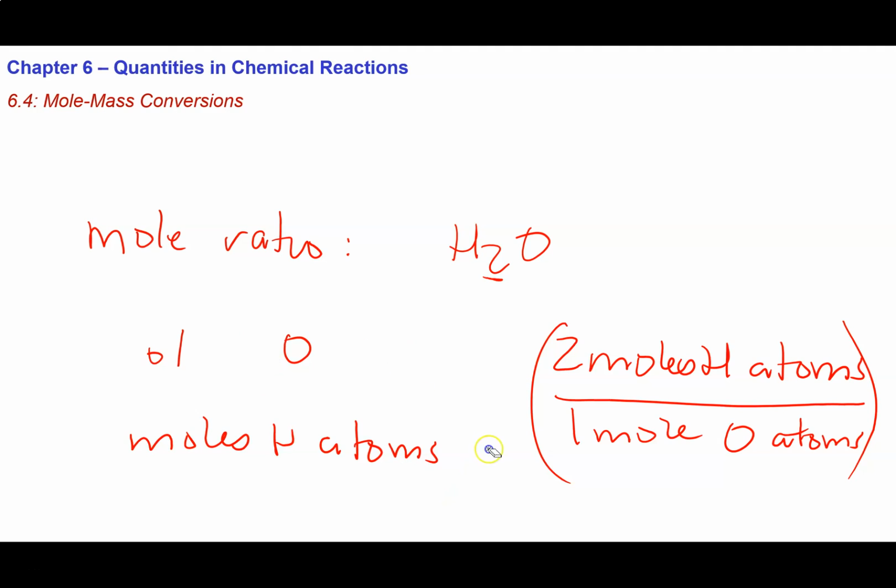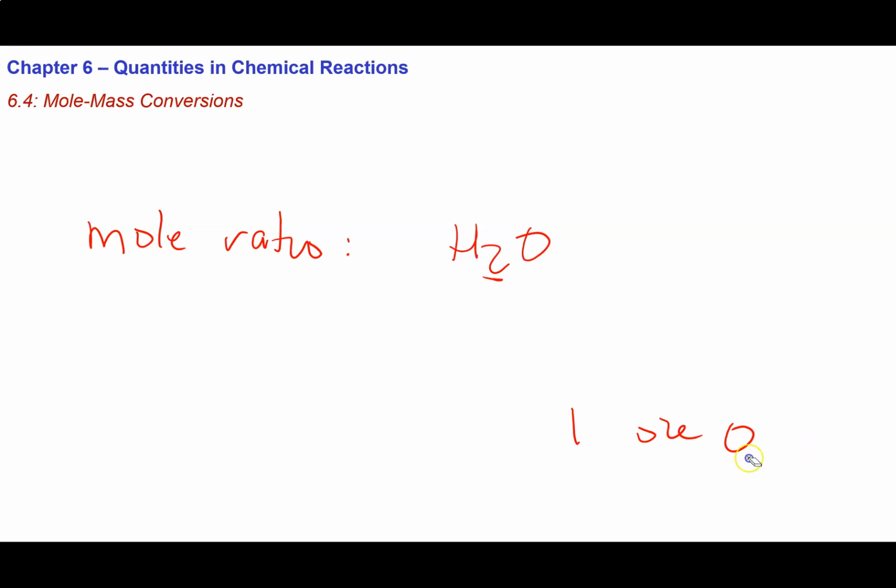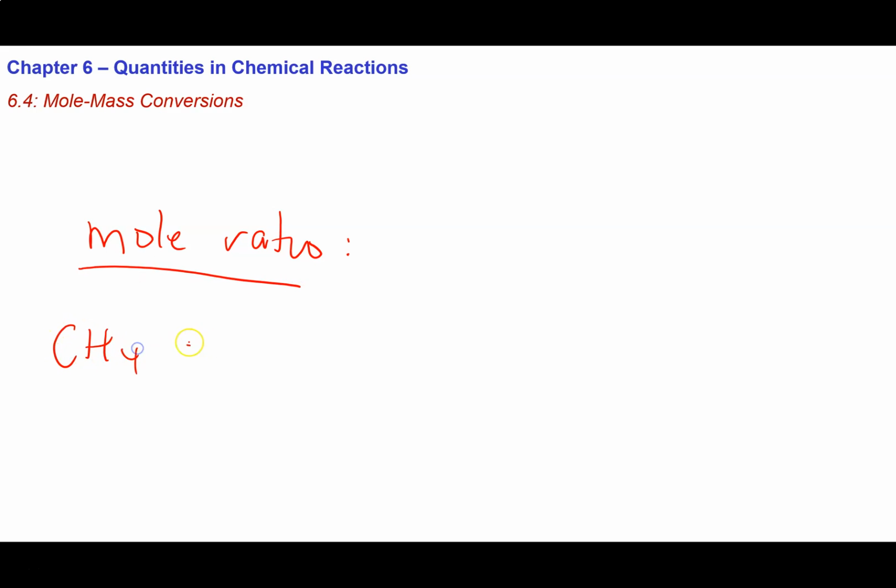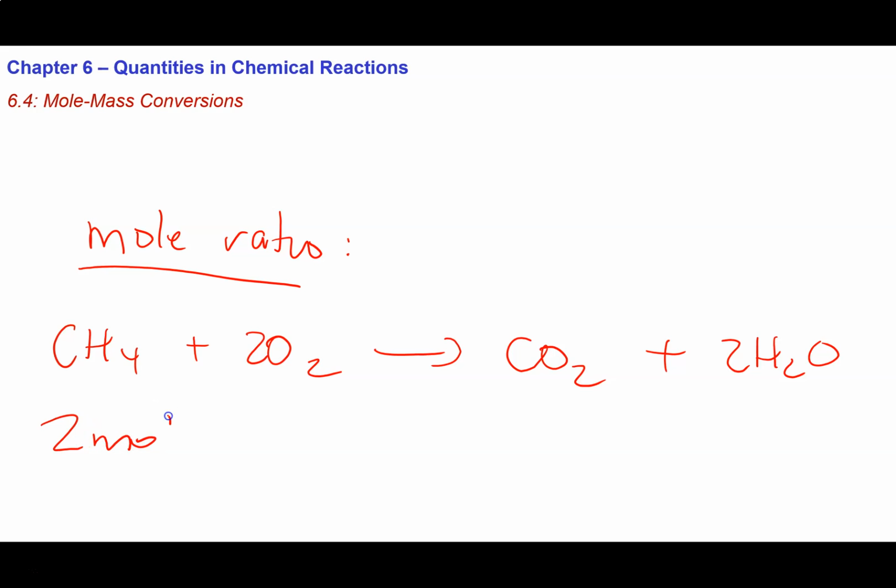I can do a similar thing if I have a balanced chemical reaction. If I have a balanced chemical reaction, I can establish these mole ratios between the various species that are present. So if I have methane being reacted with oxygen to form carbon dioxide and water, I know that I make 2 moles of H2O for every 1 mole of methane reacted.